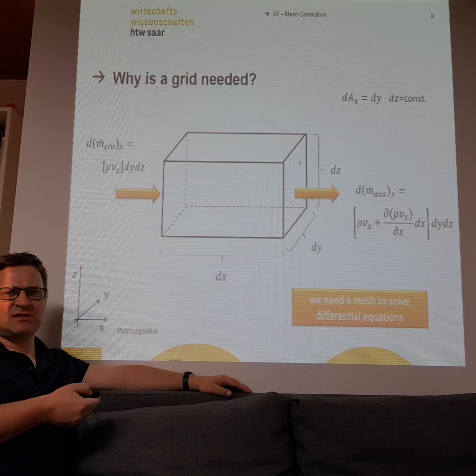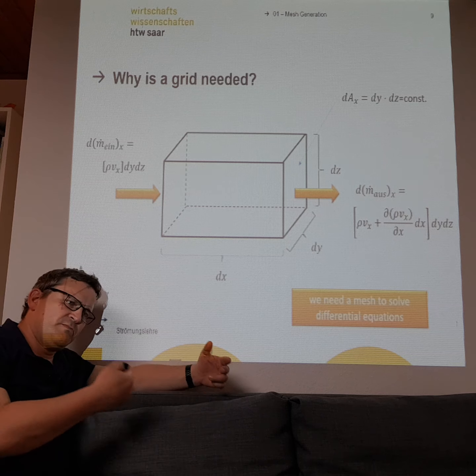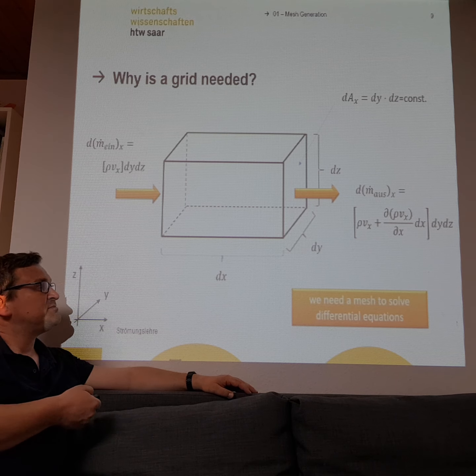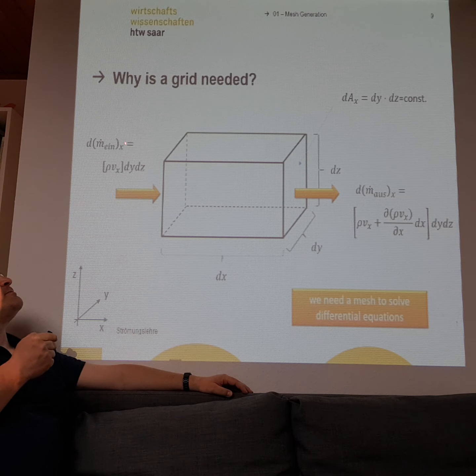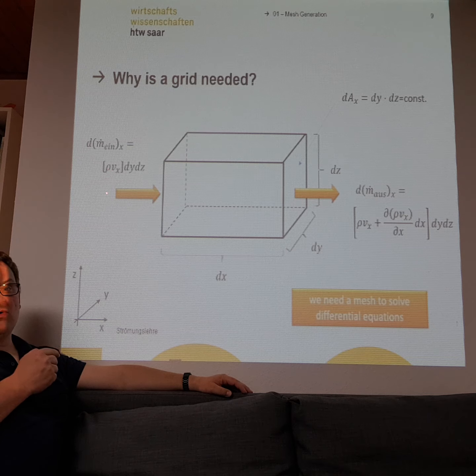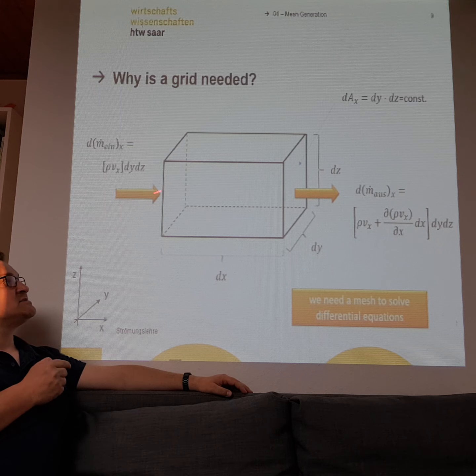Okay, so how can we calculate it? Let's get a bit deeper. Let's go a bit more into details. A little deep dive. We have here our mass flow and our face. You learned it before. The face of the cell is dy times dz. You multiply it with rho, the density, and the velocity of the water that comes inside here, and you get a mass flow.